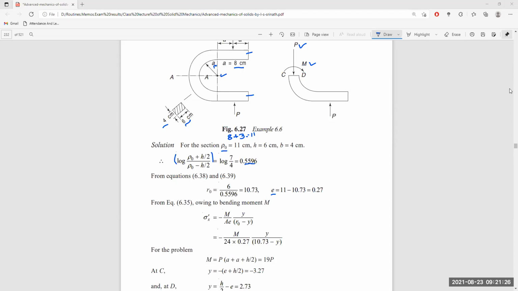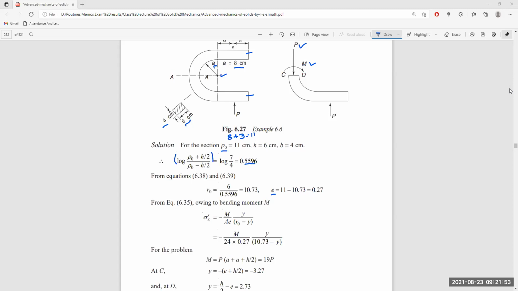Thus, we got R0, we got E, and we know what is rho 0 itself. So we have this equation 35, which is sigma x equals M divided by A into E, multiplied by y divided by (R0 minus y).